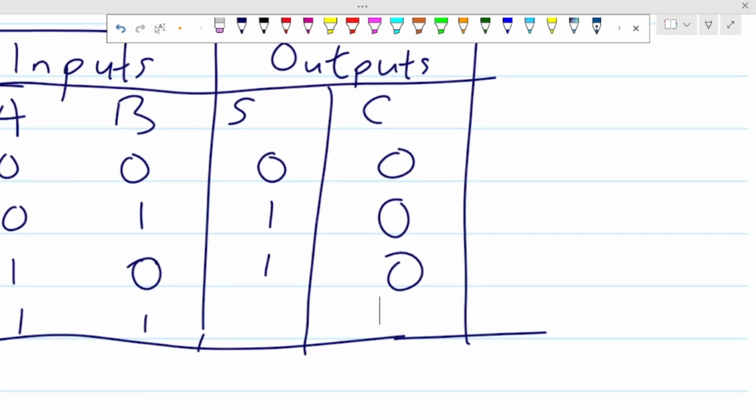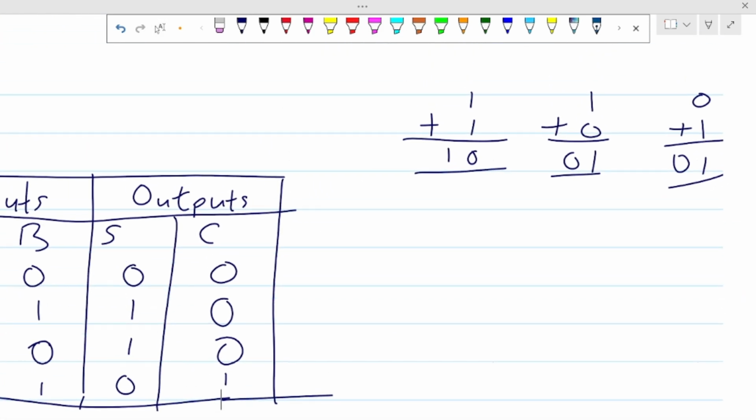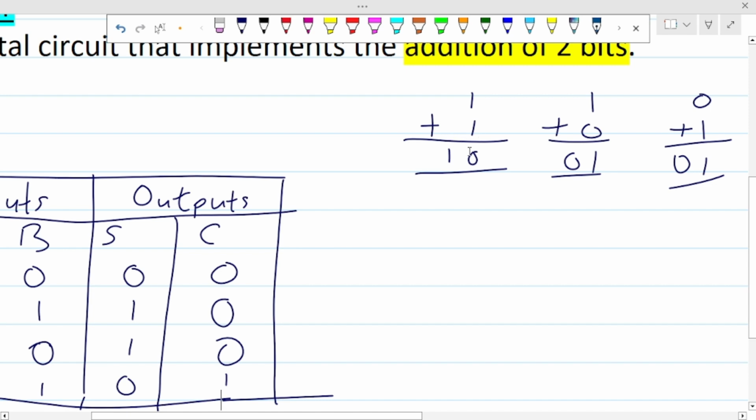Then for the last one, 1 plus 1, we had 0 there. The answer is 1, 0 and 1. I mean 1 and 0 because we have 0 first. So we can see it here now, but the way it's written here is just the opposite.